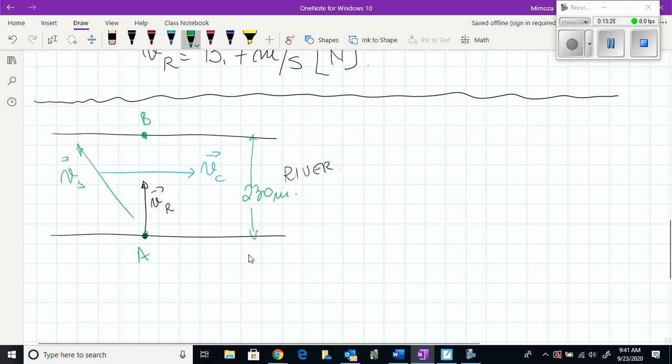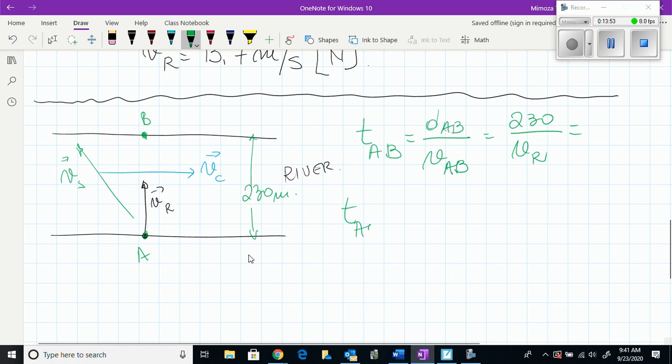Then you will take this distance and divide it by the velocity on that direction, that is the resultant velocity. So finding the time from A to B is the same as saying it is the distance from A to B over the velocity on that direction, which is 230 over the resultant velocity.